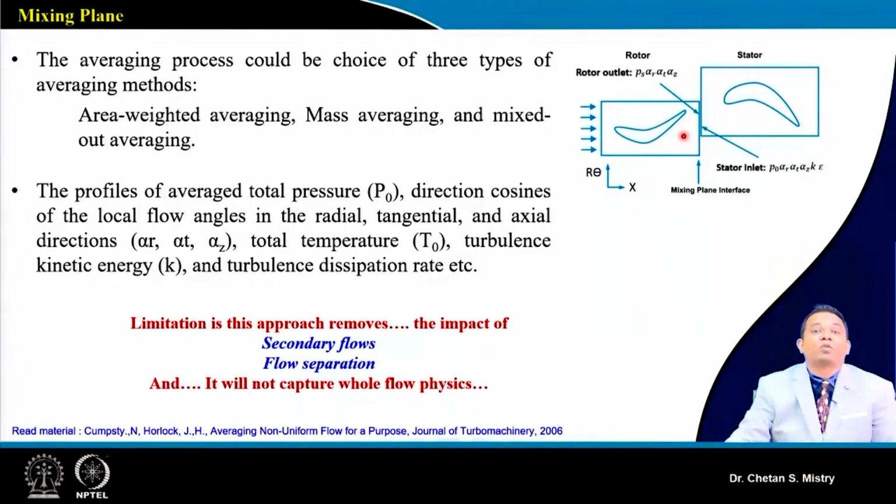We are even unable to capture the wake coming out from the rotor. The wake gets averaged out at the interface, and when it goes to the next domain, it is an average value. So the exact flow field detail cannot be captured here.